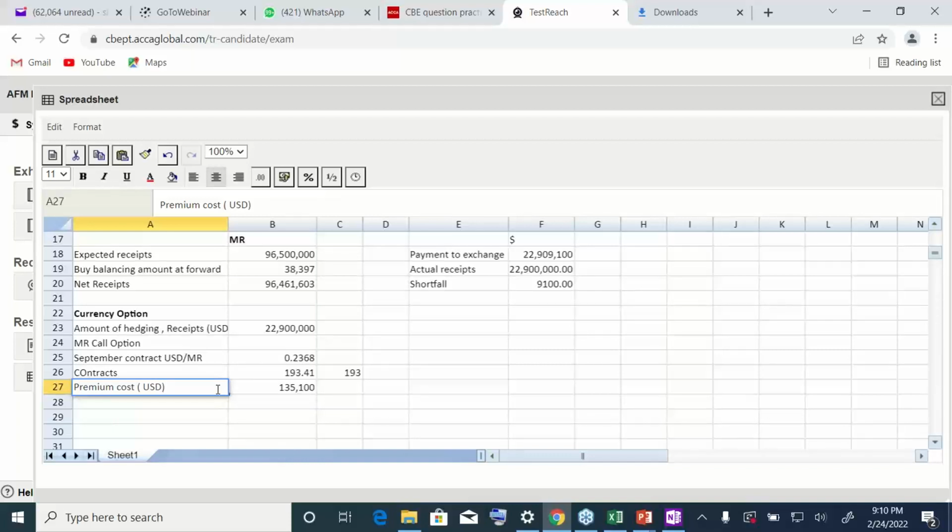USD. So now calculate the premium in MR. How to convert the premium? Premium is an expense, right? Premium is the cost. Will you divide it with the higher rate or the lower rate?